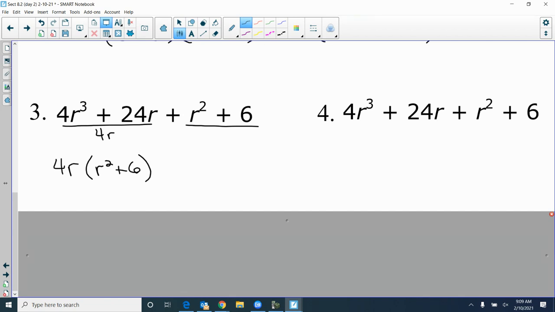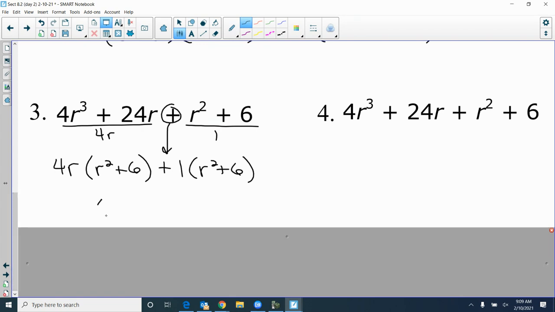What's the GCF of R squared plus 6? Nothing really goes into both. So when nothing goes into both, you just let it be a 1. Now, that plus goes down because I'm going to put that 1 in front and I'm just going to put R squared plus 6 in parentheses. And it's going to work out because what do I have in both parentheses? I have R squared plus 6.